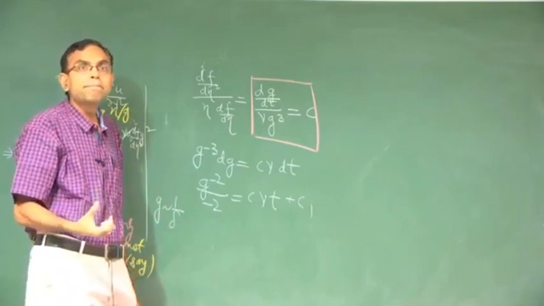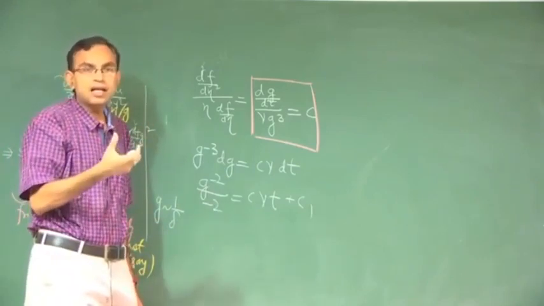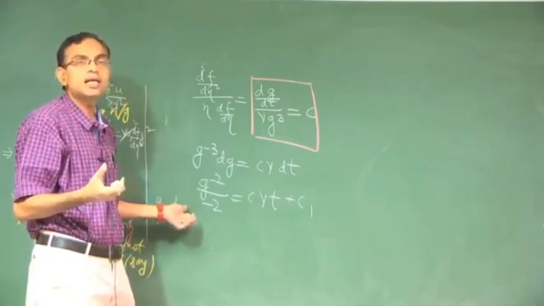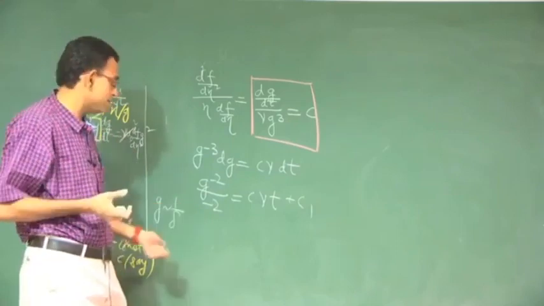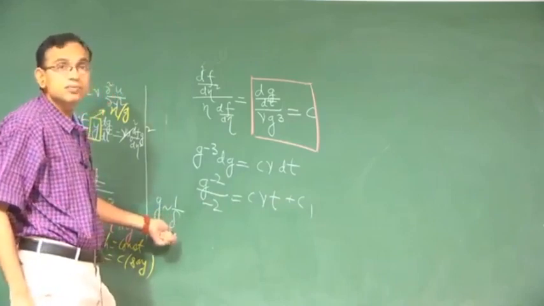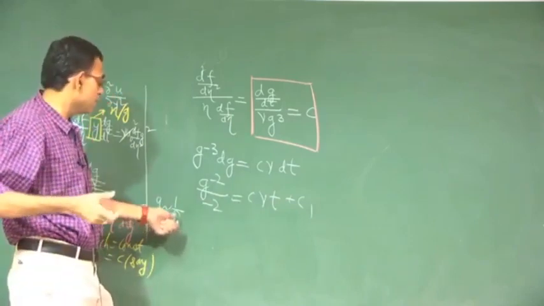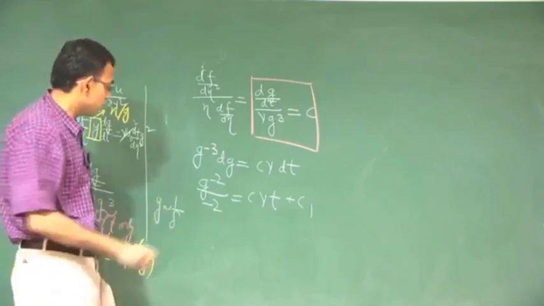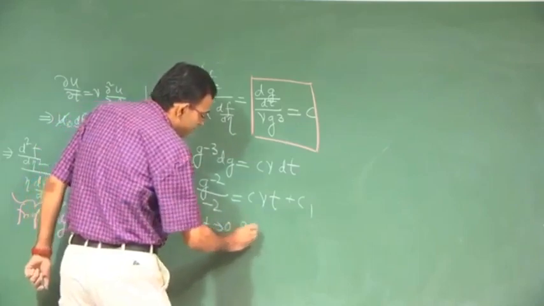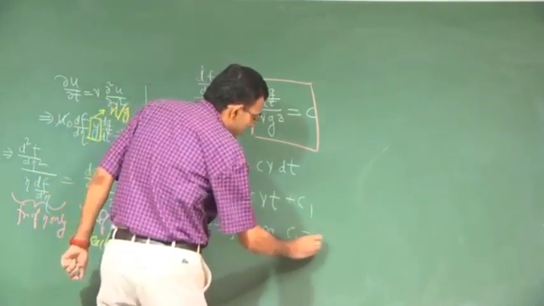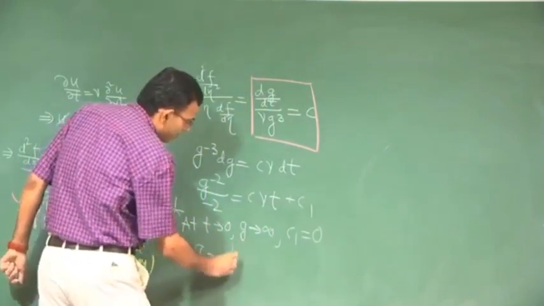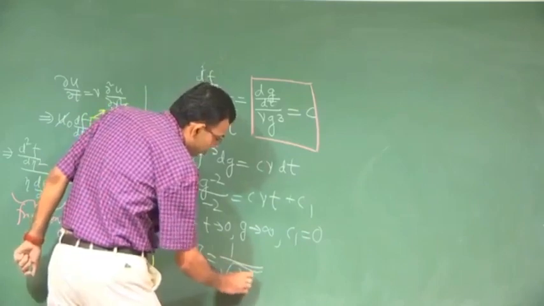Delta is the penetration depth, that at a given time t how much of the fluid understands the effect of movement of the plate. So, at time tends to 0, delta will be 0 because the plate movement has just started. So, then g will tend to infinity. So, at time equal to 0, g tends to infinity, that means C1 is equal to 0. So, you can write g is 1 by square root of minus 2 c nu t.